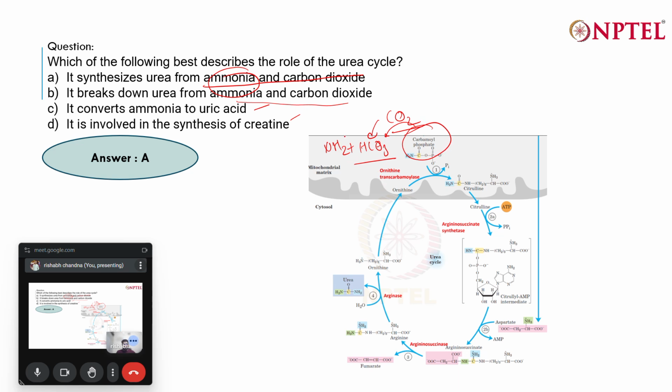Because we are not able to use this ammonia as a secretion product, after this reaction, urea is finally removed from the body. Okay, so this helps in formation of urea from ammonia and carbon dioxide. As the first option states that it synthesizes urea from ammonia and carbon dioxide, this is the correct answer.